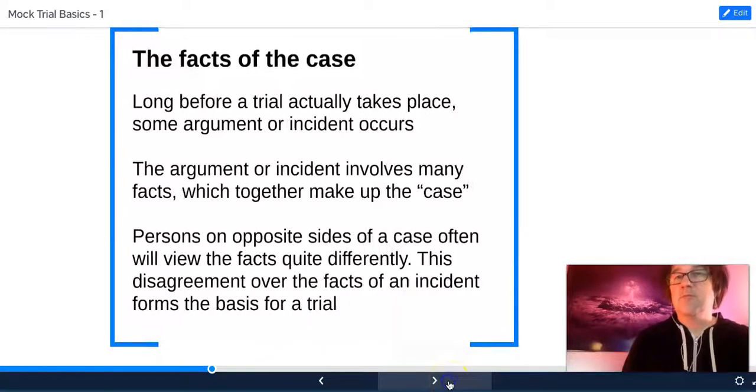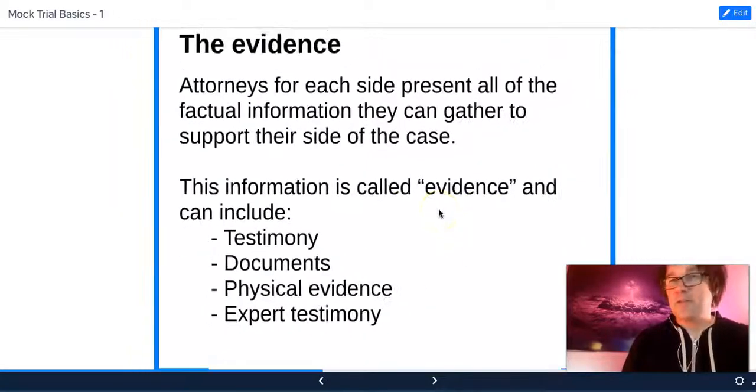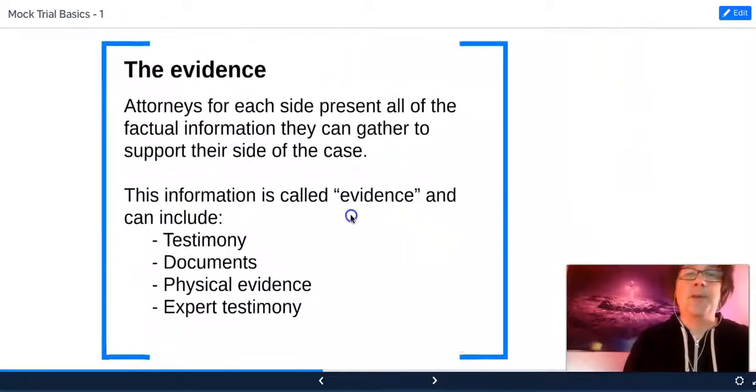So essentially, they decide which side they believe the most, right?